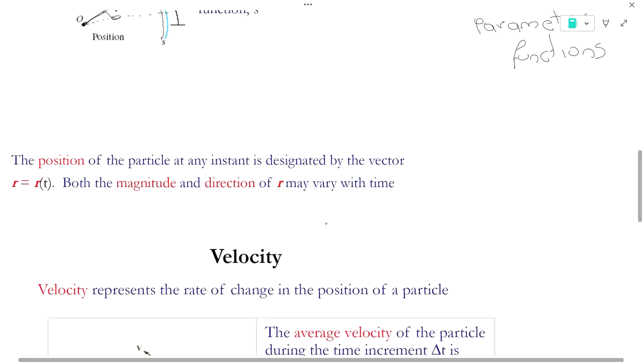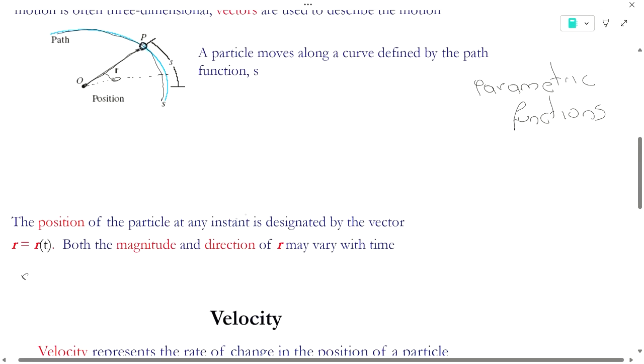So the position of the particle at any instant is given by r, obviously, right? The position of the distance. But r is a function of time because at this instant, this position is in this r, and an instant later, it could be this r further away.